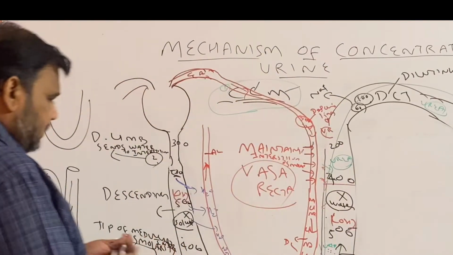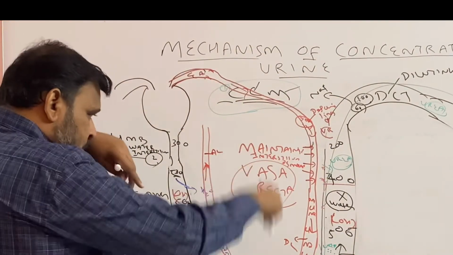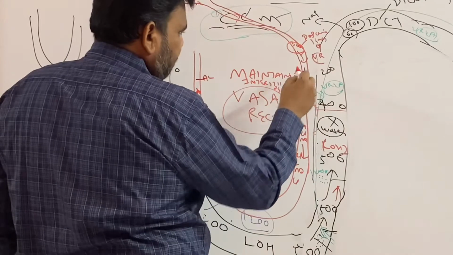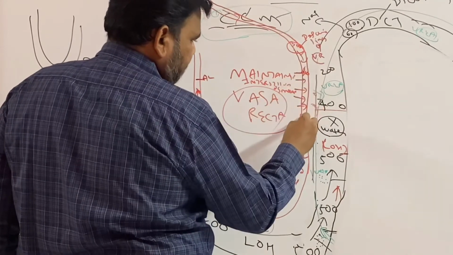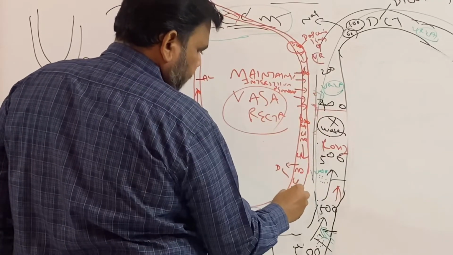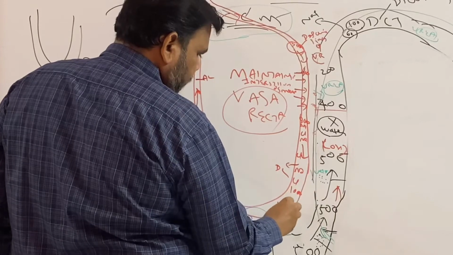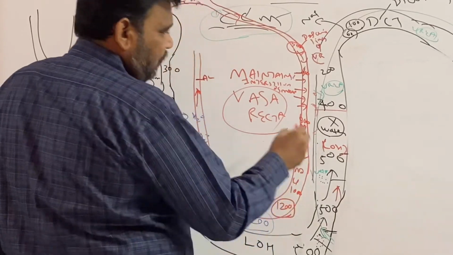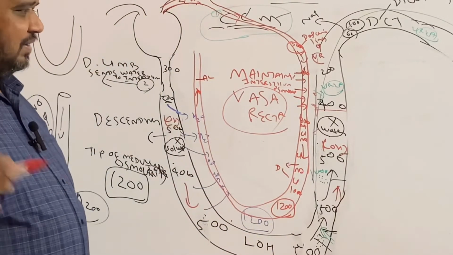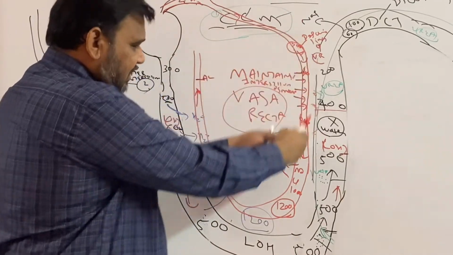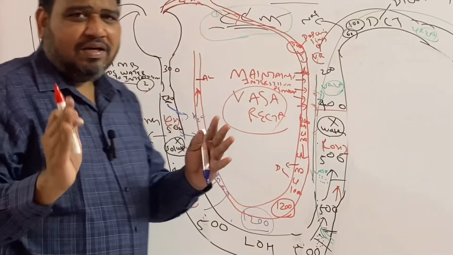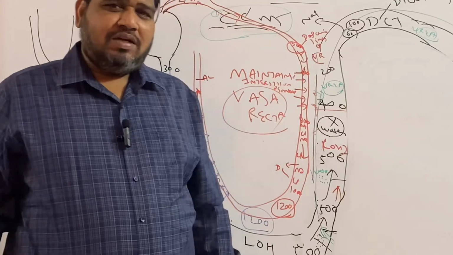Now vasa recta here. What happens when it is coming down? 300, 600, 800, 1000, 1200. Now the same thing as I explained for the loop of Henle. If this vasa recta is not U-shaped, you can pause the video and answer.